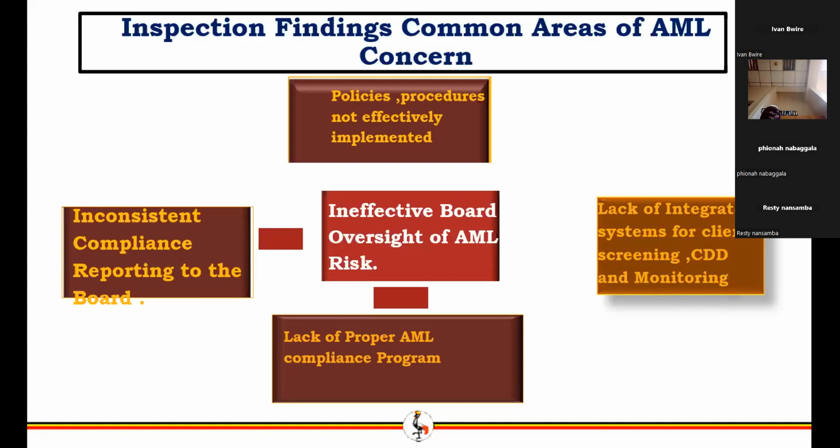And if you input a rule, like any transaction above 20 million to be flagged, then if any such transaction is done, the system will be in a position to flag it. So it helps you with transaction monitoring. On inspection, we have detected a lack of such integrated systems, and also for client screening and monitoring.